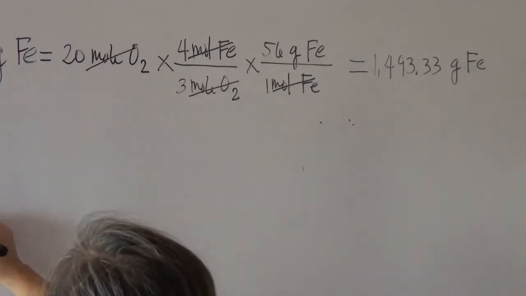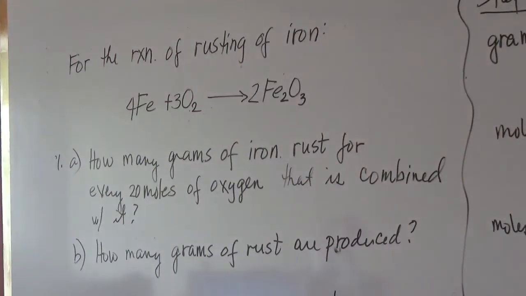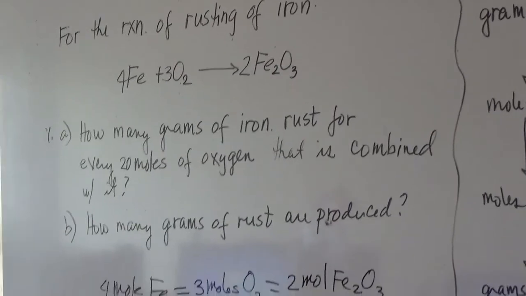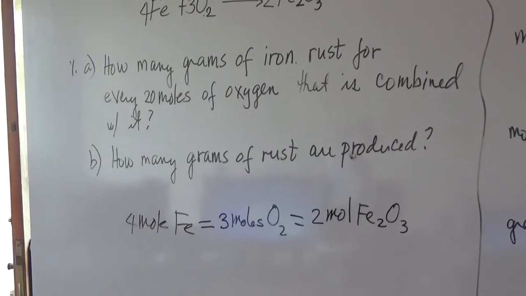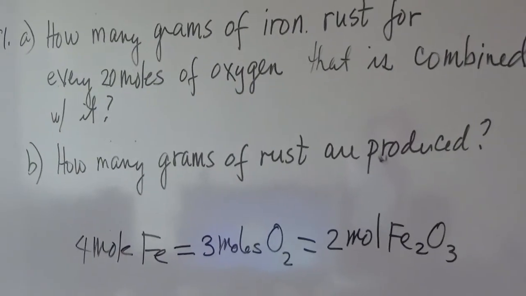So the second problem: how many grams of rust are produced? You can start with 20 moles, or you can start with the one you have already computed, 1,493 grams of iron.